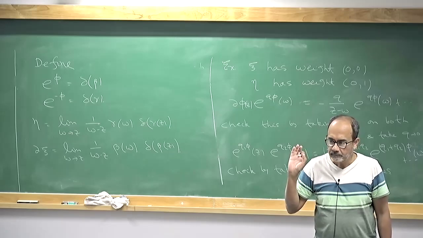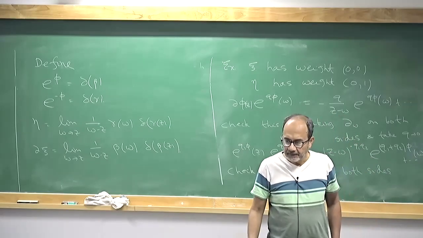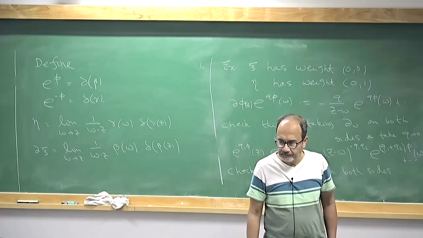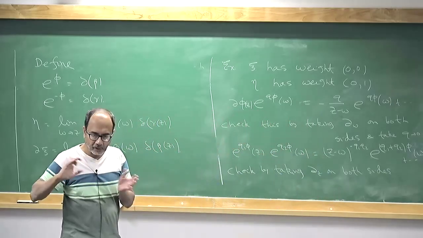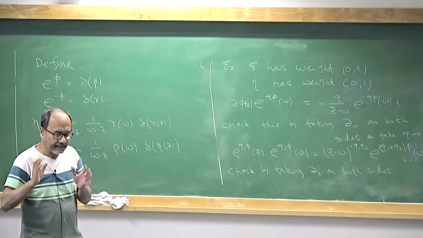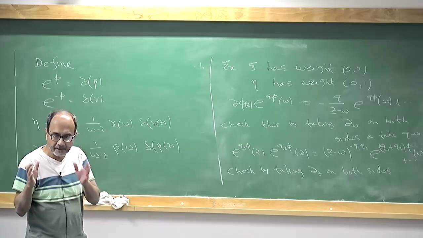Those operators are well defined from the xi eta phi system, but not the beta gamma system. Okay. So using the state operator correspondence, this translates to a statement on the states. What kind of states in the Hilbert space would you allow?